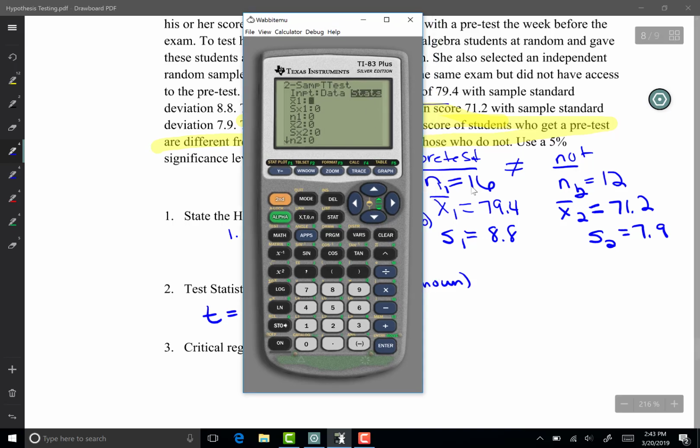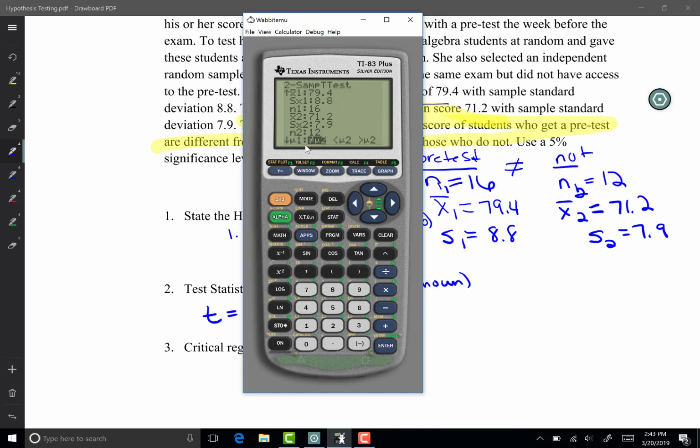Let's scoot over just a little bit here. My sample mean is 79.4 for the first sample. Enter. Standard deviation is 8.8. Enter. And my sample size is 16. The mean for the second sample, 71.2. Enter. Standard deviation of 7.9. Enter. And my sample size is 12.